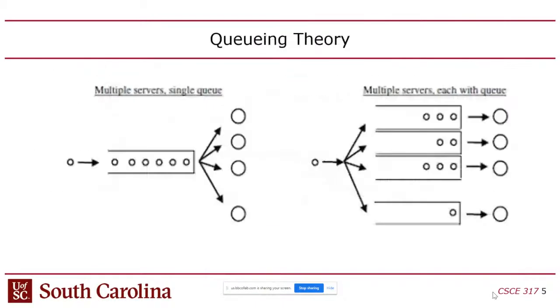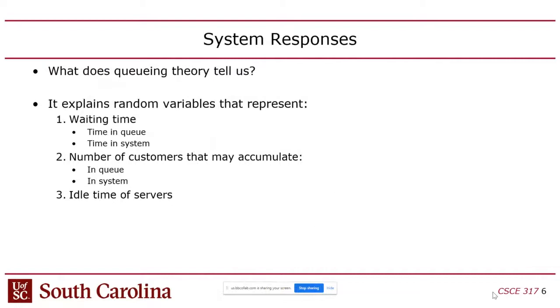Okay, so let's see, where were we with queuing theory? What is queuing theory all about? It's really kind of hard to define. It's sort of a methodology to analyze queuing systems. It doesn't necessarily give you the answers you want right off the shelf.